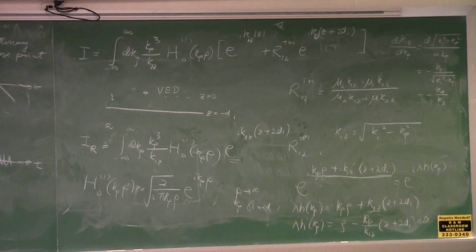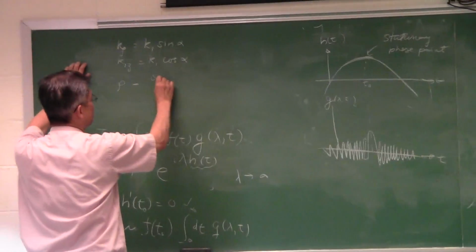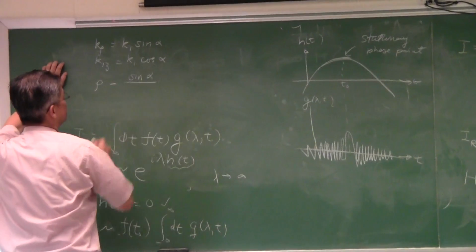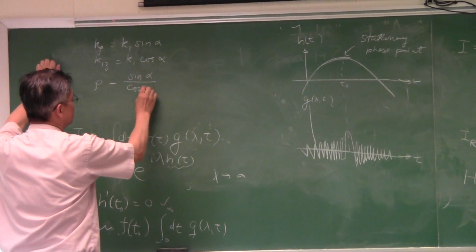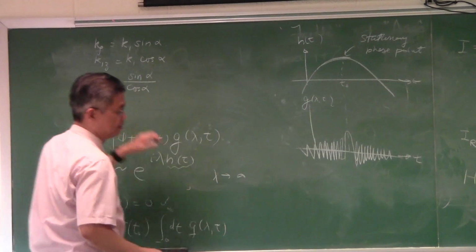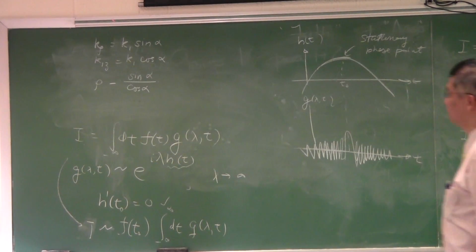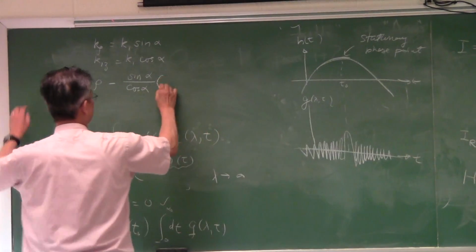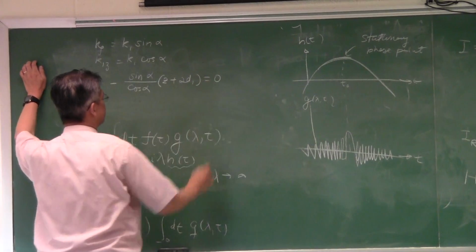Then that equation can be written as rho minus k1 sine alpha over the denominator k1z, which becomes cosine alpha, times z plus 2d1 equal to 0.